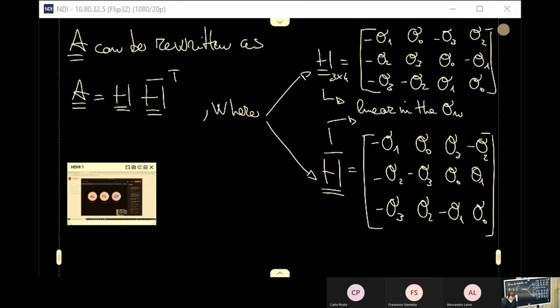So, I think that's all for today. Next time, which is tomorrow, we will go through more parametrizations. We will go through Euler's angles. We will see what I've already anticipated, the gimbal lock.